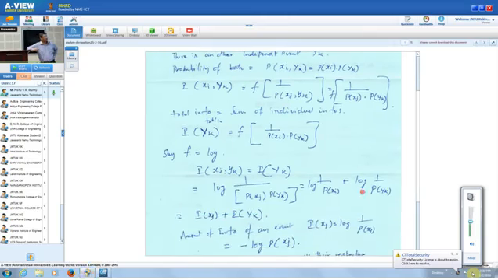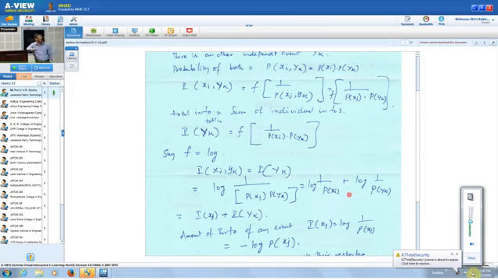Your f of 1 by pxi into pyk will be logarithm of 1 by pxi into pyk. So this will be equal to log of 1 by pxi plus log of 1 by pyk. Do you agree for this? If it is logarithm, this can be split like this comfortably. If it is something else, you cannot split it that way. Agree?